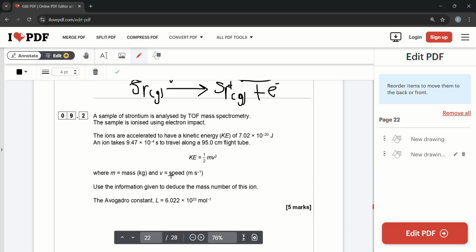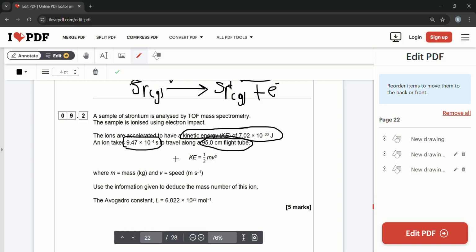Then it says a sample of strontium is analyzed by TOF mass spectrometry. The sample is ionized using electron impact ionization. Ions are accelerated to have a kinetic energy of this. An ion takes this long, so that is the time, to travel along this distance, the length of the flight tube.